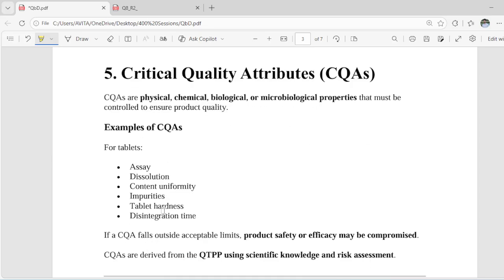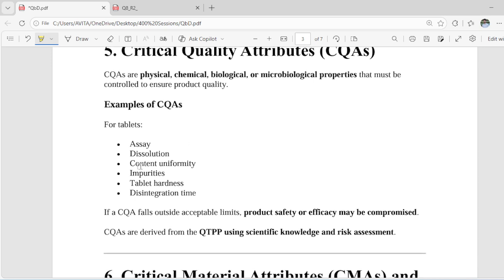The next important attribute we have is the critical quality attributes, CQAs. The CQAs are the physical, chemical, biological or microbiological properties that must be controlled to ensure the product quality. The examples could include assay, dissolution, content uniformity, impurity, tablet hardness, and disintegration time.